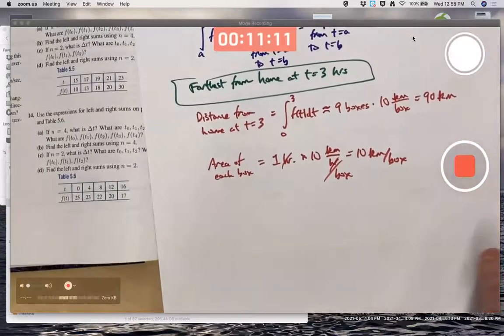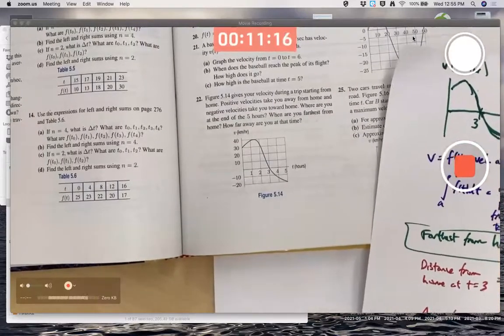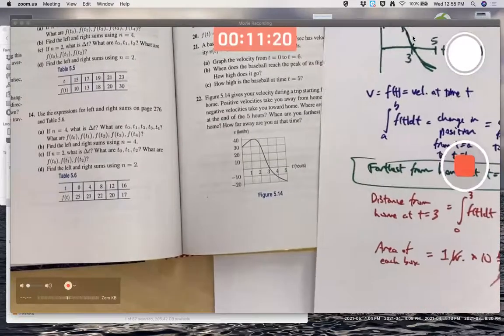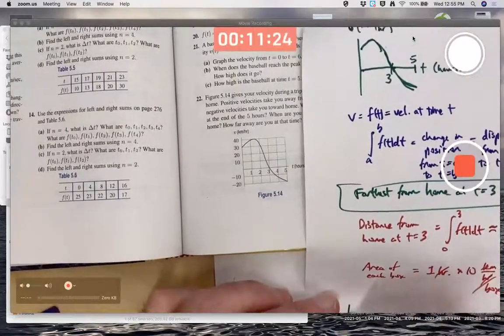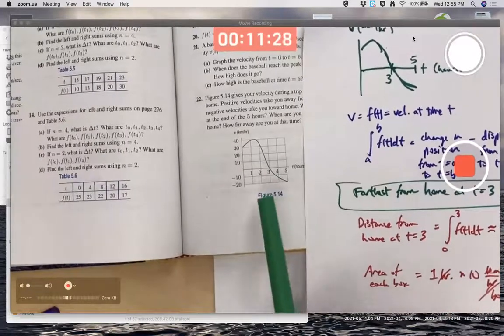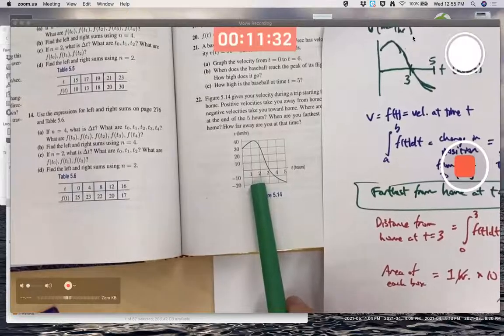Would we get the same thing if we did left and right hand sums and said average them? Probably not, but hopefully it's not too far off. Let's try a left-hand sum and a right-hand sum. Focus on the interval from 0 to 3, broken up into 3 subintervals of width delta t equals 1.